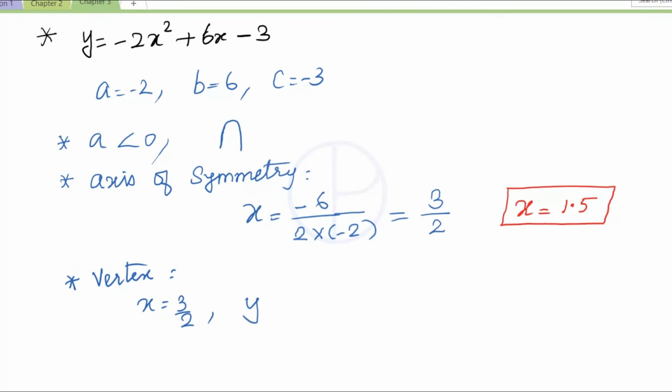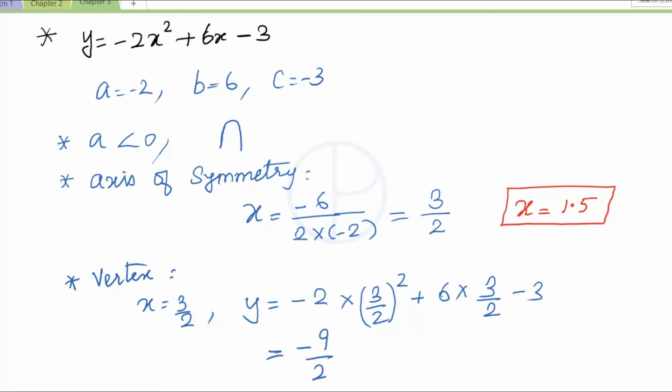So what is y value? y is negative 2 multiplied by 3 over 2 the whole square plus 6 times 3 over 2 minus 3. Let's simplify this one. Negative 2 multiplied by 9 over 4 gives negative 9 over 2.